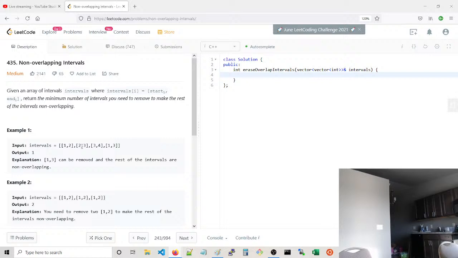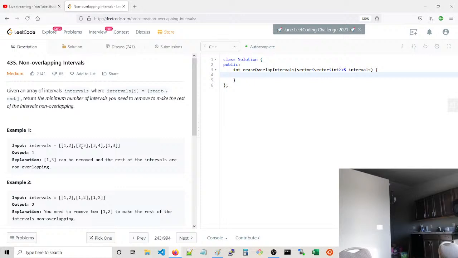You don't want any of them overlapping with each other. So there's an edge from A to B if A overlaps B. We can remove all of the connected nodes, I guess, and then it's not overlapping. But we want to remove as few nodes as possible such that the result is not overlapping. Yeah, there aren't any edges.